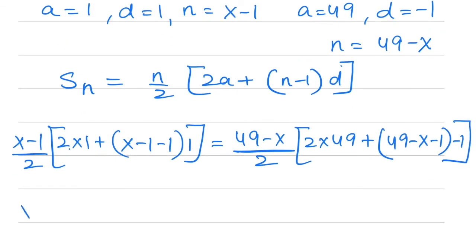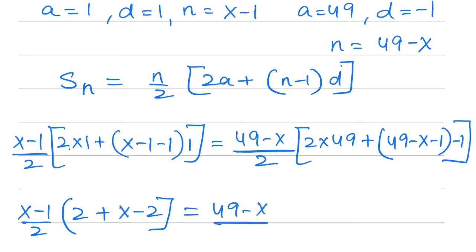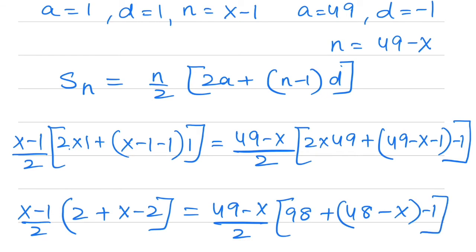So here we have x minus 1 by 2, and in bracket we have 2 plus x minus 2 is equal to 49 minus x by 2, and here 98 plus 48 minus x into minus 1.